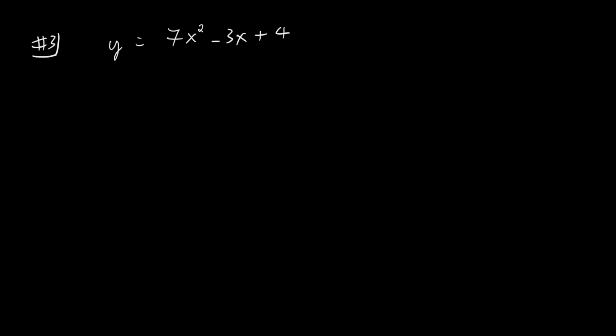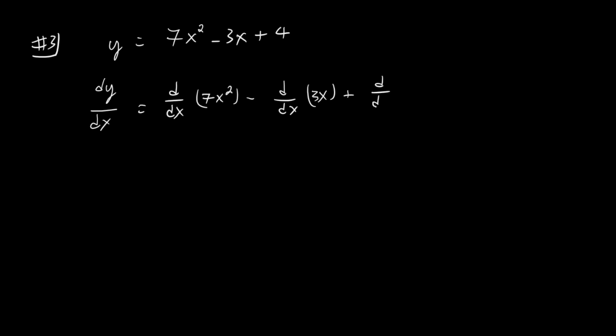For number 3, we have 7x squared minus 3x plus 4. The derivative of this is the derivative of y with respect to x is equals to the derivative of 7x squared minus the derivative of 3x plus the derivative of 4.